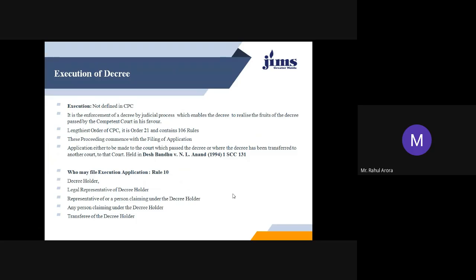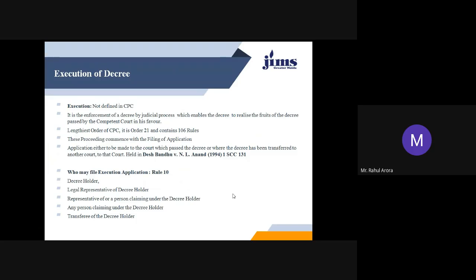So from this, we may infer that the execution application can be filed in the court which passed the decree, or if that court does not exist, then the court to which the powers of that court have been transferred has the jurisdiction to try this execution application.